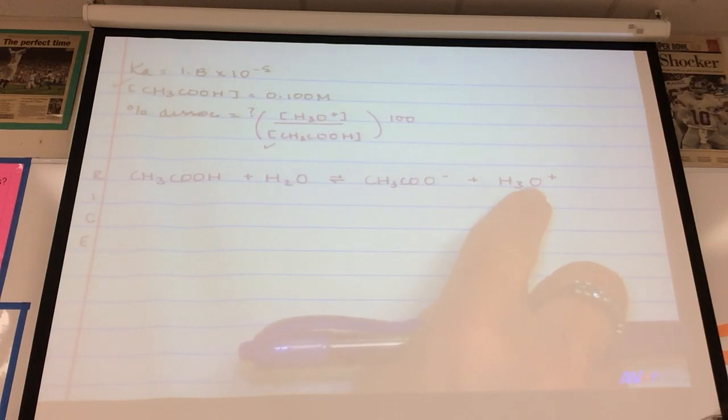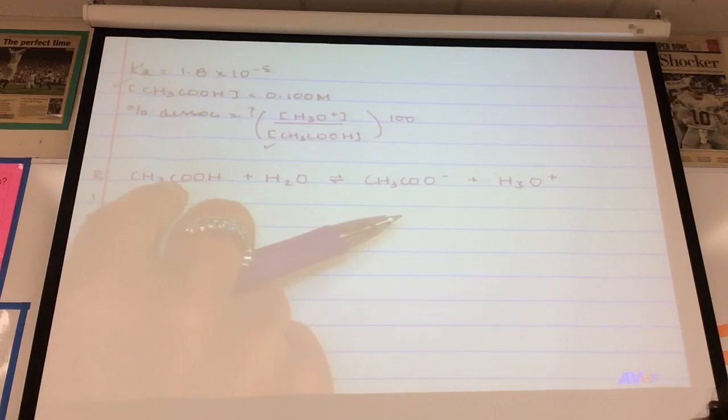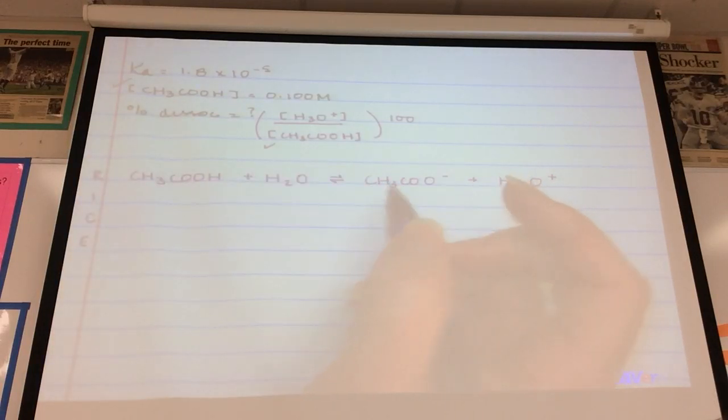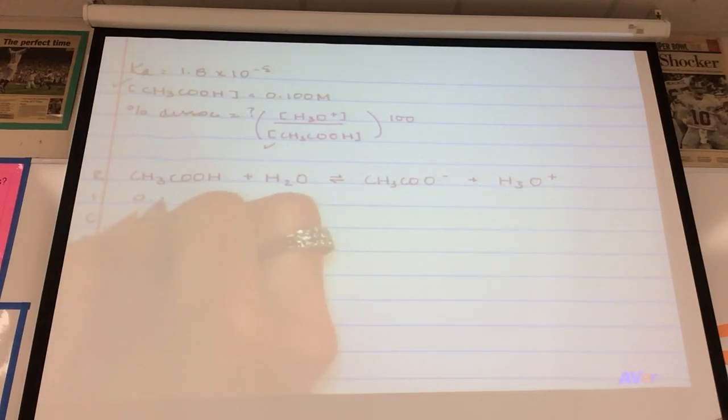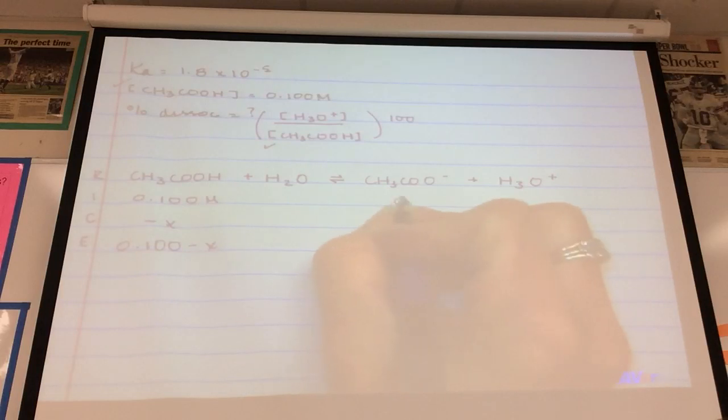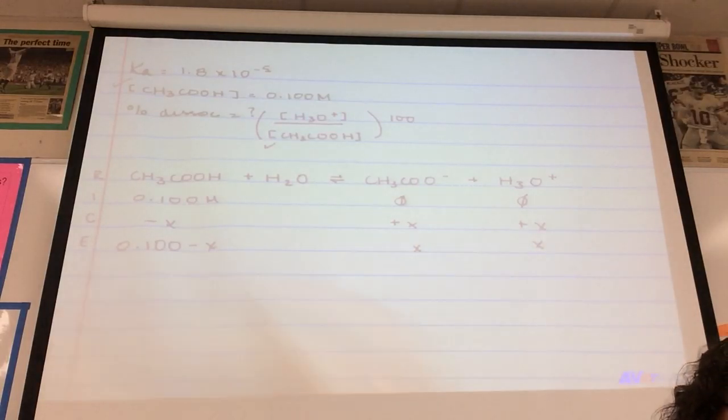Note that this concentration will be less than this because it's a weak acid and it doesn't ionize completely. So you have 0.1 molar subtracting x, and this is all review.